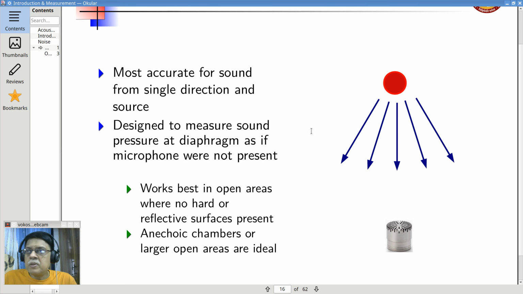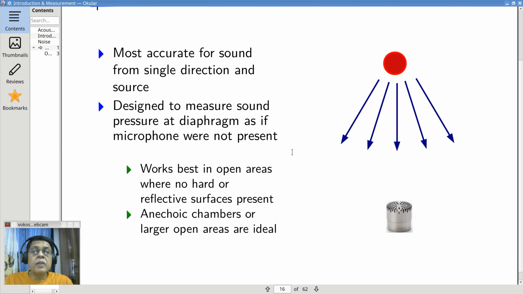So it's completely diffuse. The free field microphones that are available in the catalog work best in open areas where there are not many reflective surfaces present, and these are used in what are called anechoic chambers, or in large open areas. We'll talk about what an anechoic chamber is a little bit later.